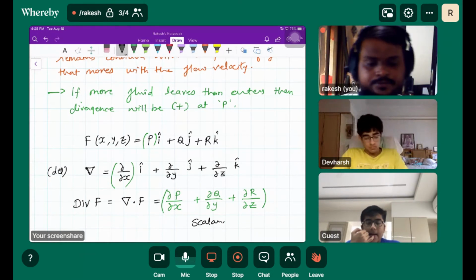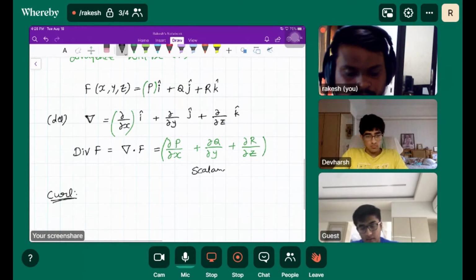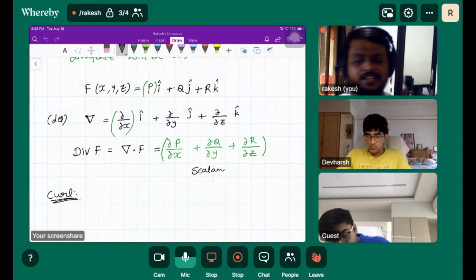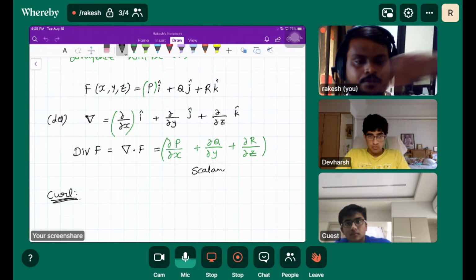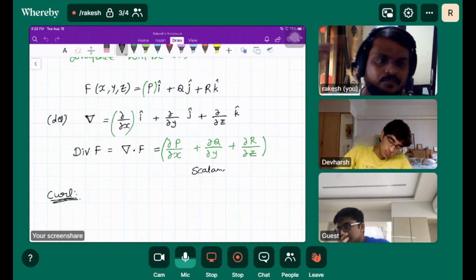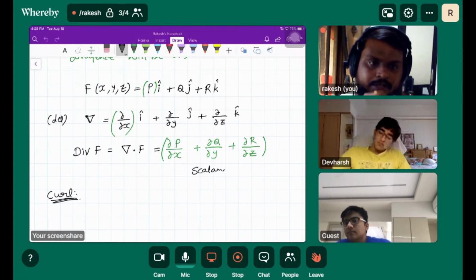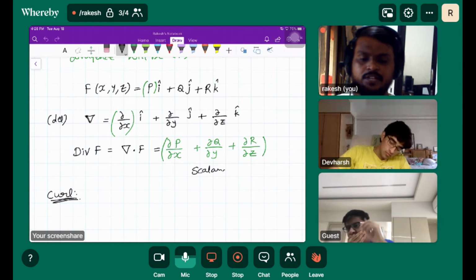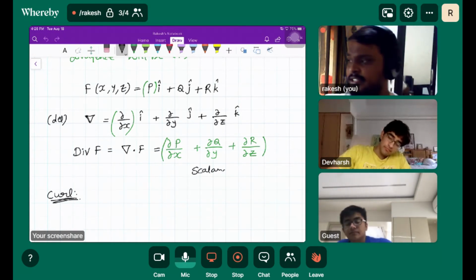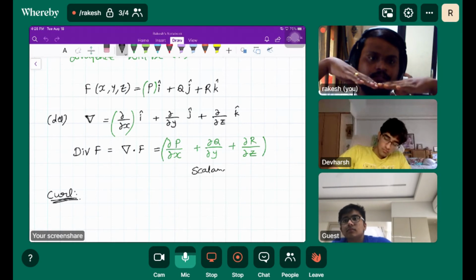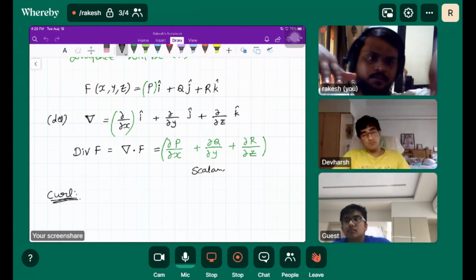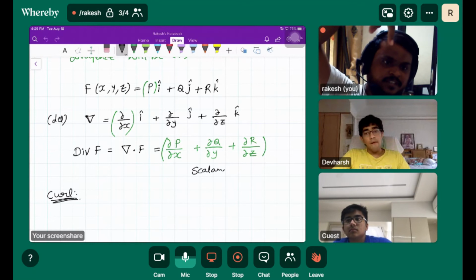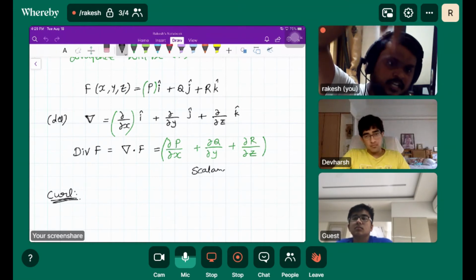Now let's talk about curl. Curl measures the tendency of a fluid to rotate within the neighborhood around point P. Imagine some fluid flowing on the xy plane, and a paddle placed along the z axis.